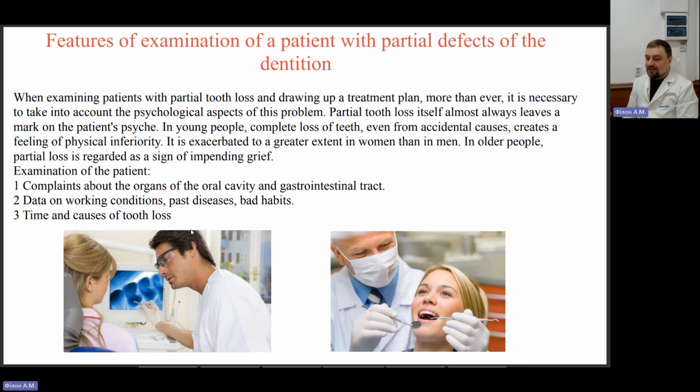It's about working conditions, past diseases. When we examine our patient, one of the first questions you have to ask a patient is about diseases. For example, another situation: two patients come to you, both 30 years old, two women. But the first one has already lost almost half of her teeth.